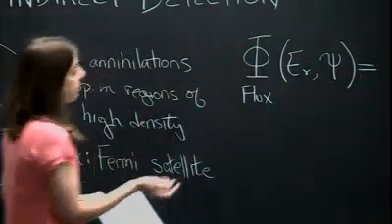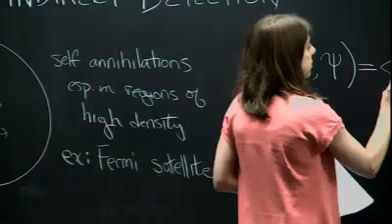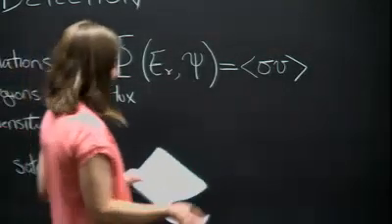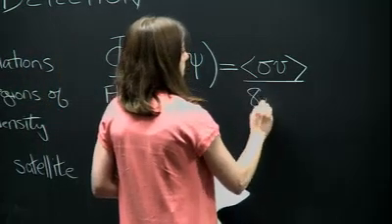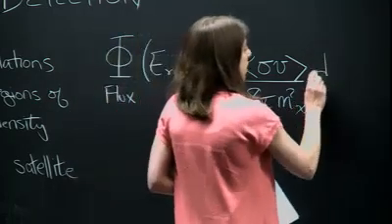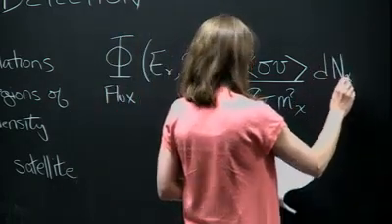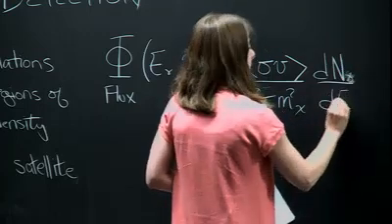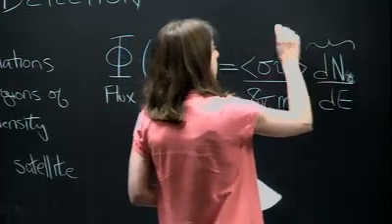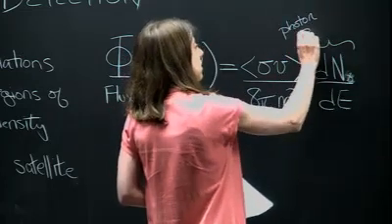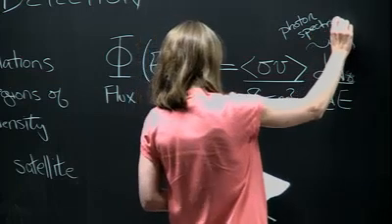So this flux is related to the velocity-averaged annihilation cross-section. There are some factors in the denominator. It gets multiplied by a photon spectrum, which I'm going to describe in more detail in a second.